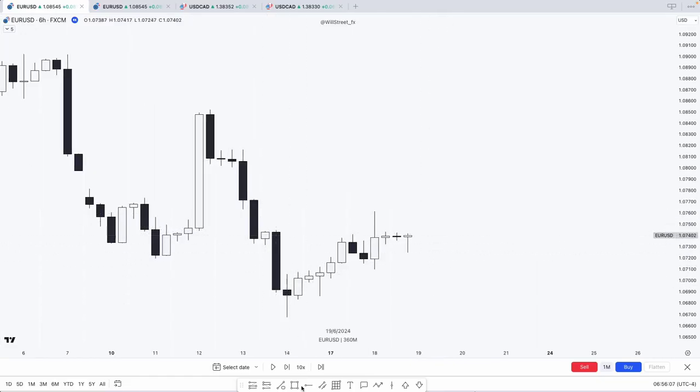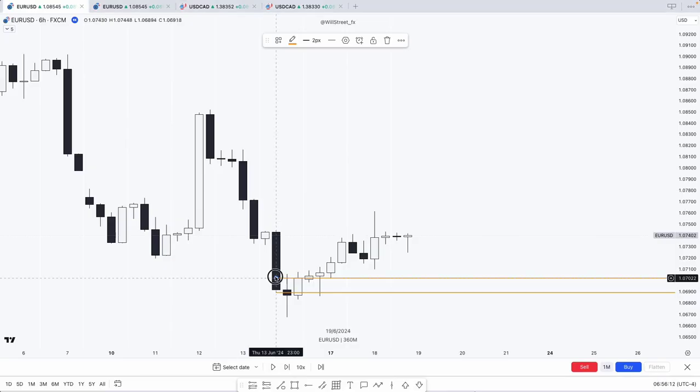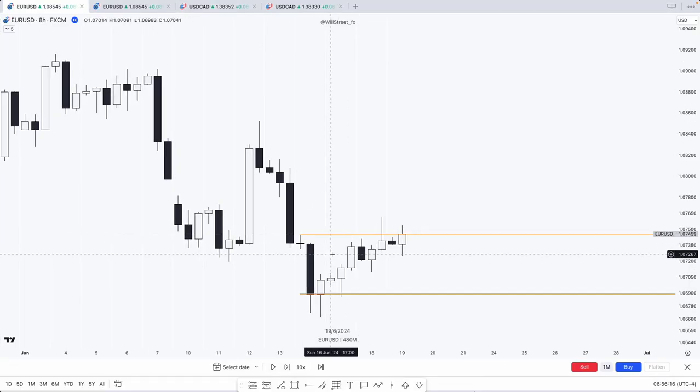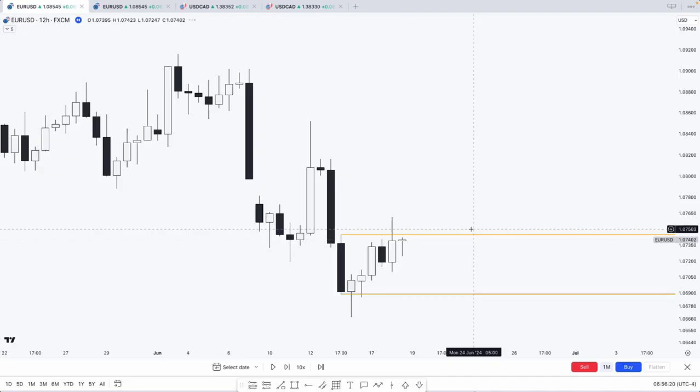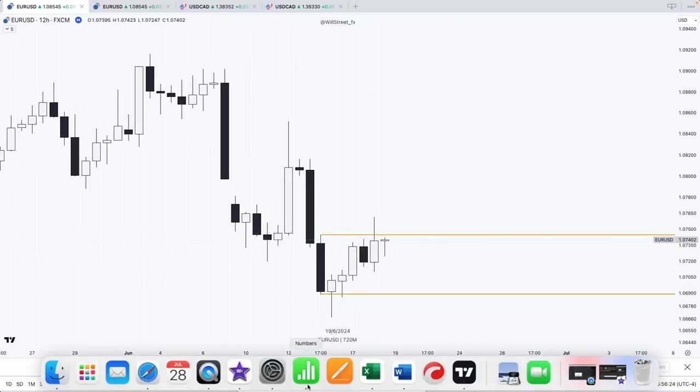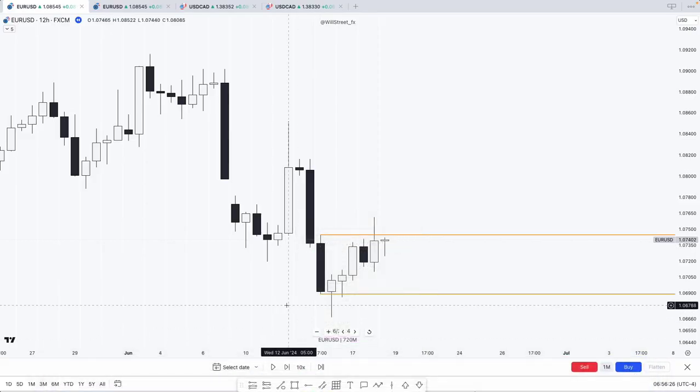Look at this huge range. This is a 12-hour range. Okay, easy trend liquidity. But look at this.